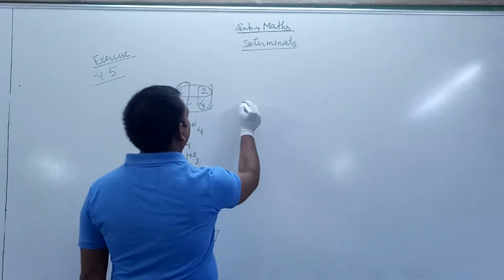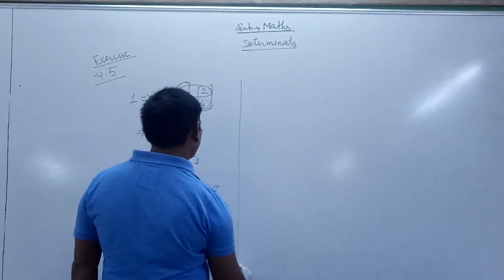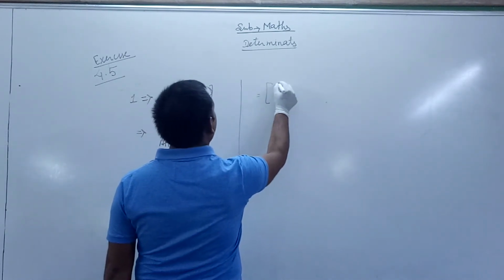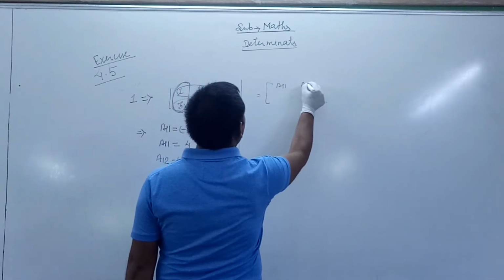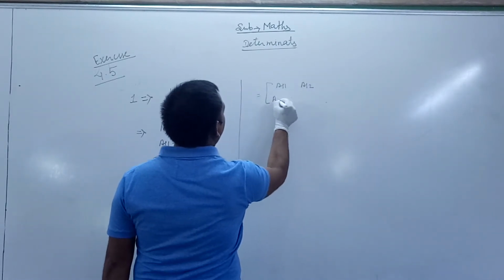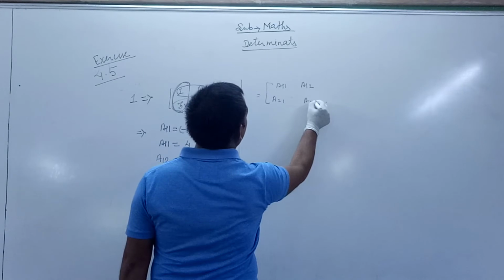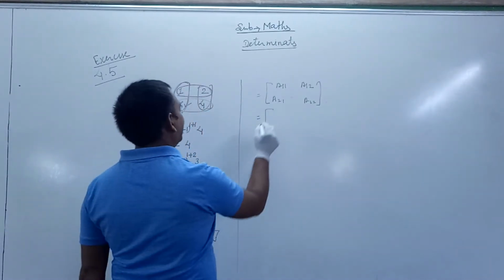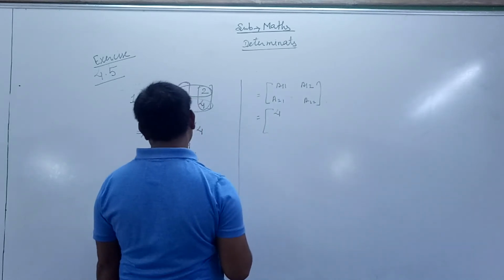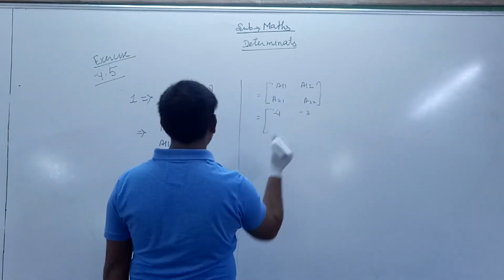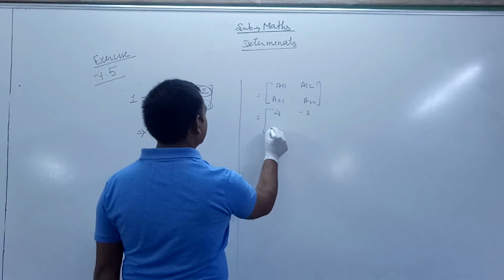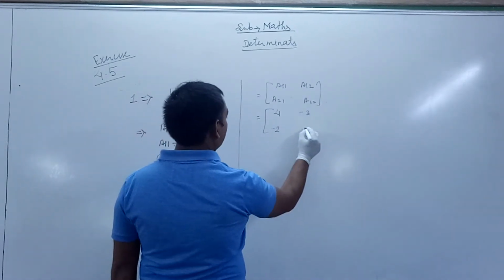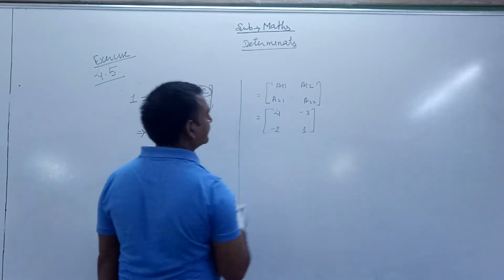After that you write the cofactor matrix in the form of A11, A12, A21 and A22. You put in the elements: A11 is equal to 4, A12 is equal to minus 3, A21 is equal to minus 2 and A22 is equal to 1.